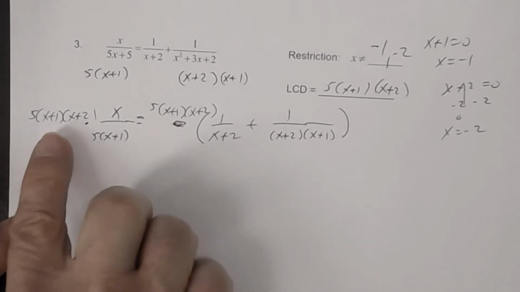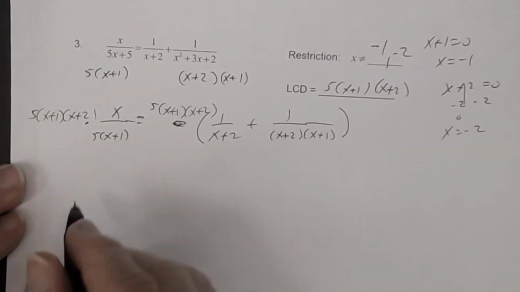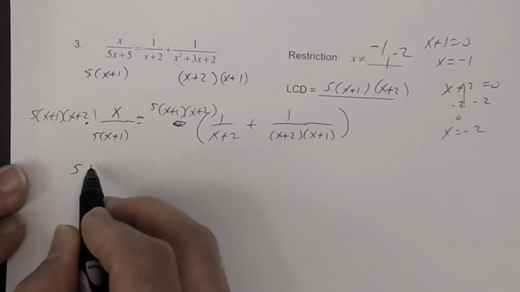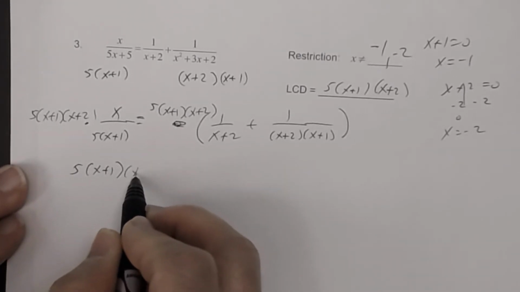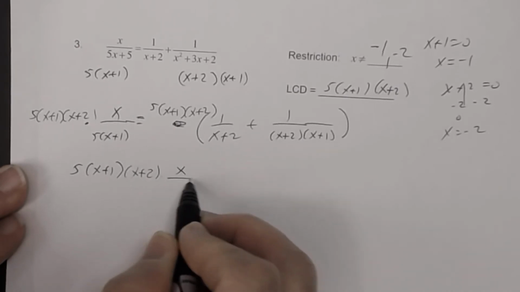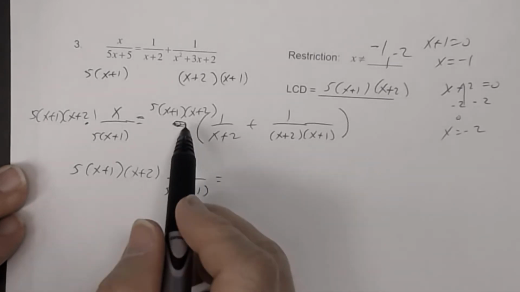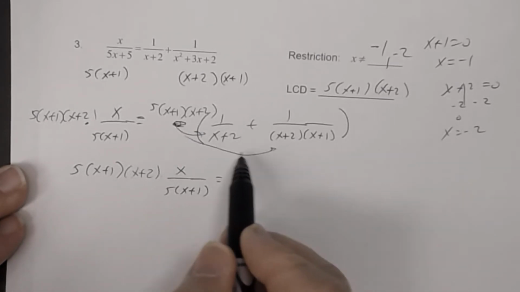Now, on this side, I'm going to go ahead and rewrite this over. So you have 5 times x plus 1 times x plus 2 times x divided by 5 times x plus 1. And then on this side, I'm going to distribute now. Get rid of the parentheses.